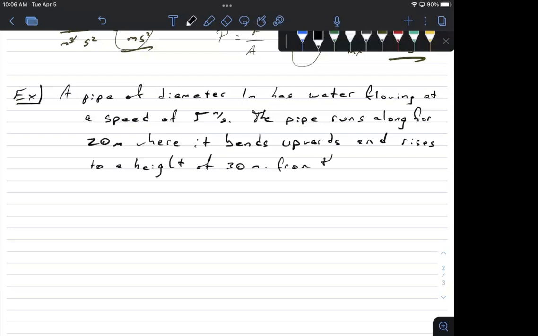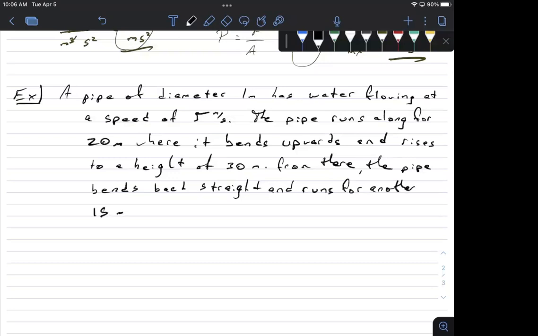From there, the pipe bends back straight and runs for another 15 meters.